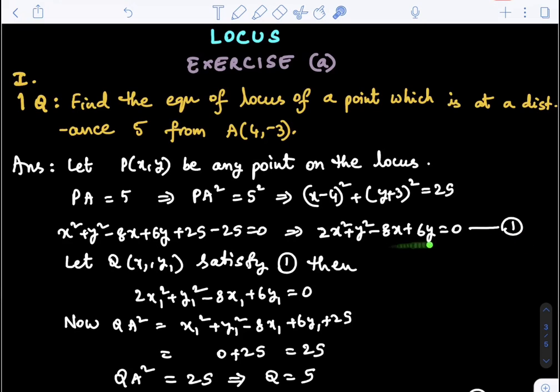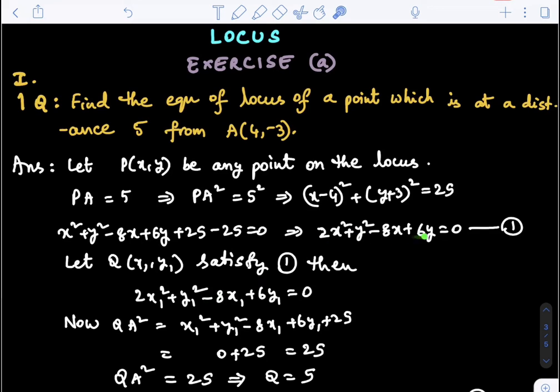One more point is taken which satisfies the given equation 1, that is Q(x1, y1). It satisfies means in place of x and y, if you substitute x1 y1, it should be true. So we are announcing that it is satisfying, which means this point should definitely satisfy this equation.